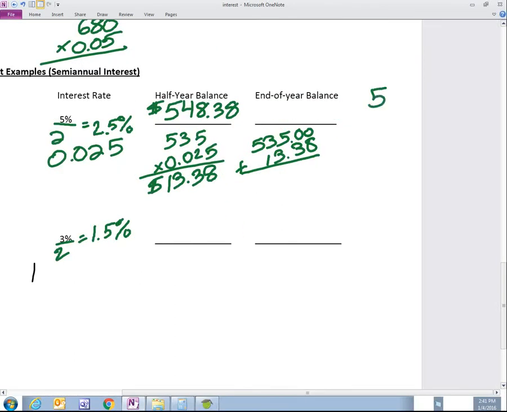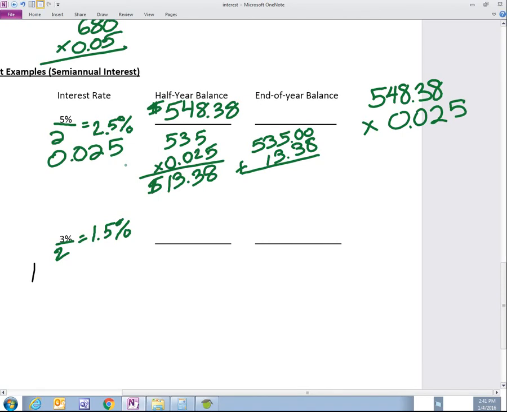So I do 548.38 multiplied by how much again? You with me? Okay. What am I multiplying it by? Thank you, Avery. You're still with me. 0.025. As it says right here.